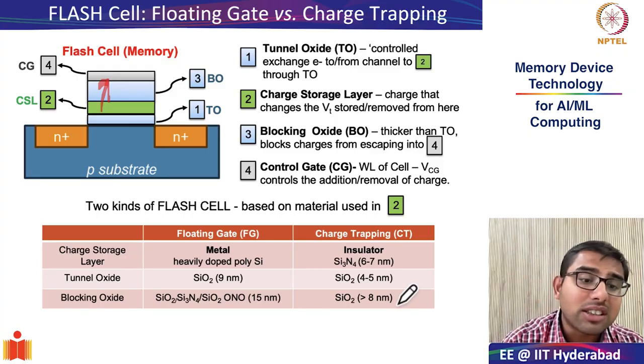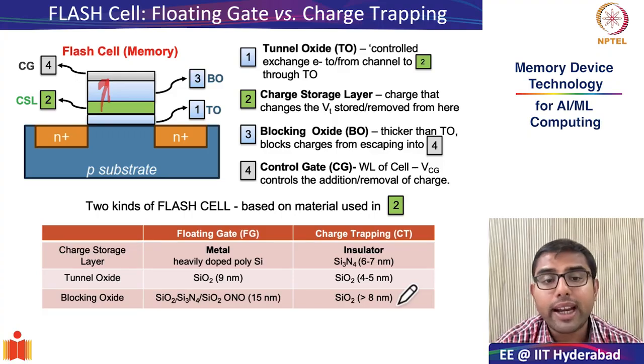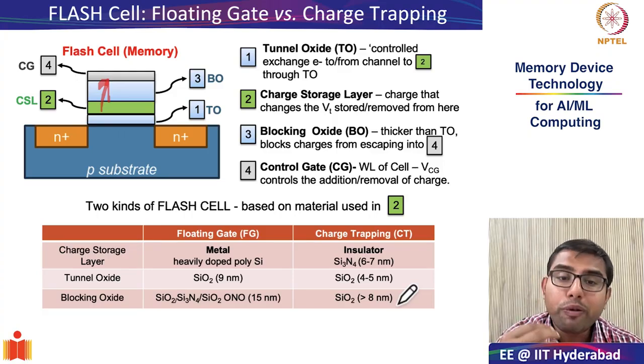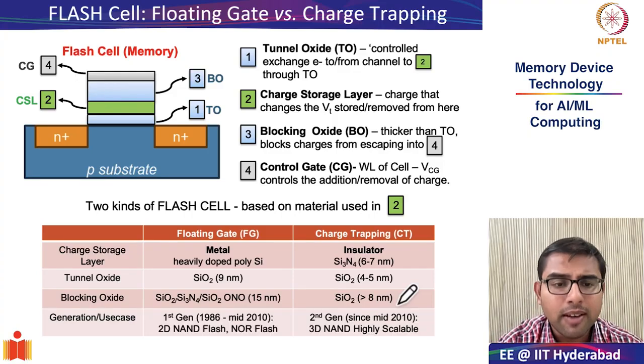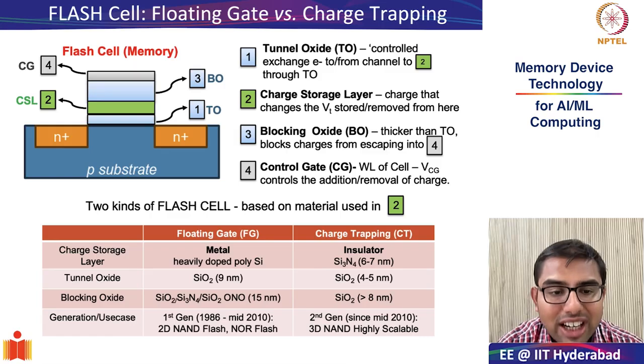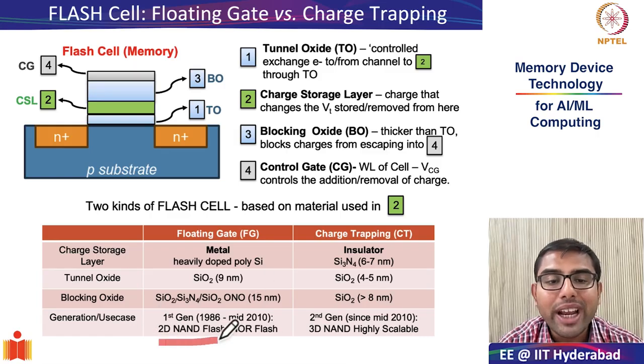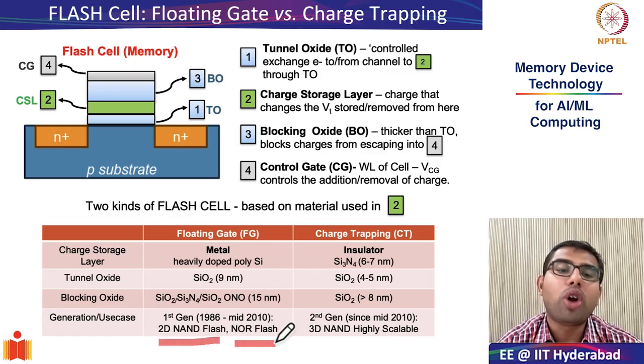And as I have been discussing, the use case for floating gate transistor was for the first generation of flash cells from the late 1980s to the mid 2010s, and that is what is used for the 2D NAND flash and also for NOR flash.